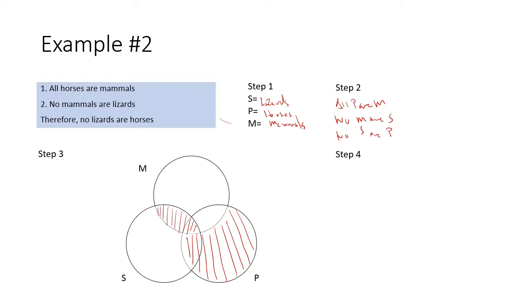The conclusion is no S are P. That means there would be nothing that is both an S and P, and that would mean that the overlap between S and P has been shaded out. And if you look at our picture, yes, indeed, the overlap has been shaded out. So this argument is valid. Drawing a picture of the premises has given us a picture of the conclusion.